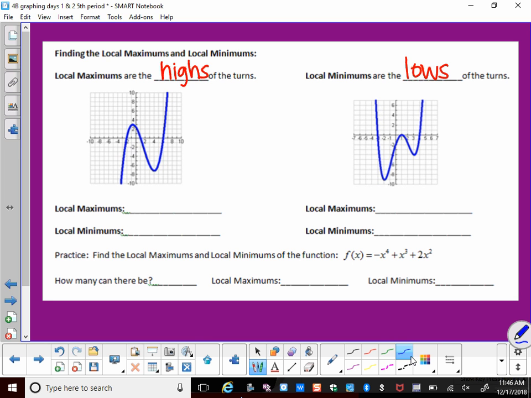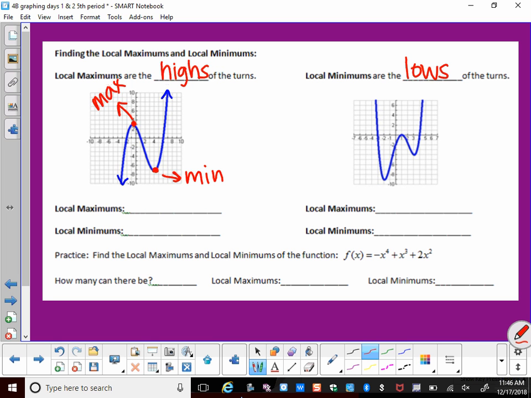Okay? So look at this first graph. If I look to see where I'm turning, I'm turning here and there. Well, this one would be a max because it's a high point, and this one would be a min.